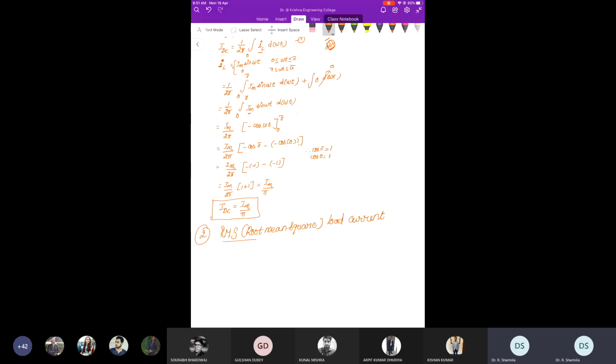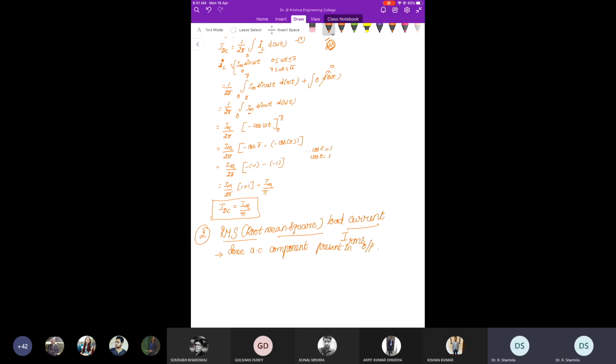It is represented by IAC or IRMS. In order to find it, we calculate the RMS value.